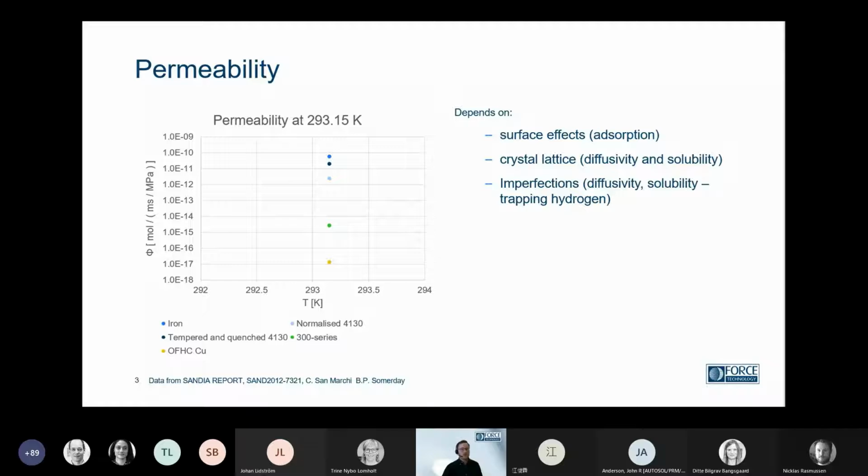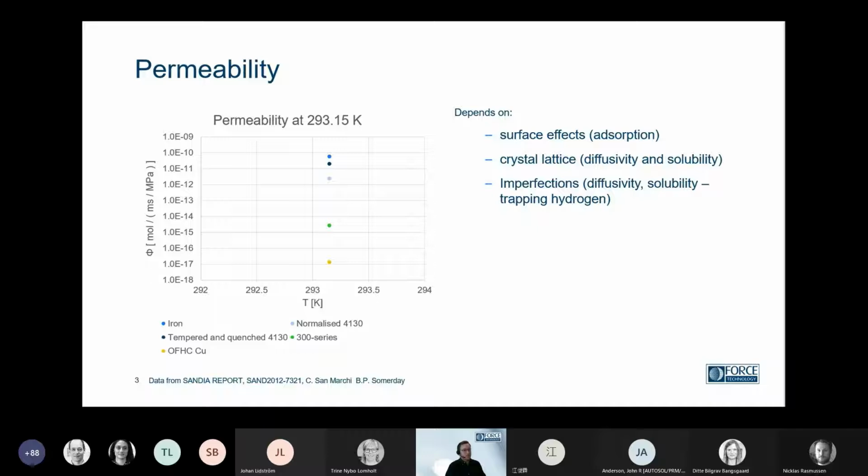So even though it's the same steel when we start out, we treat it differently. Even with the same chemical composition, we get different mechanical performance. We also get different performance in terms of hydrogen.